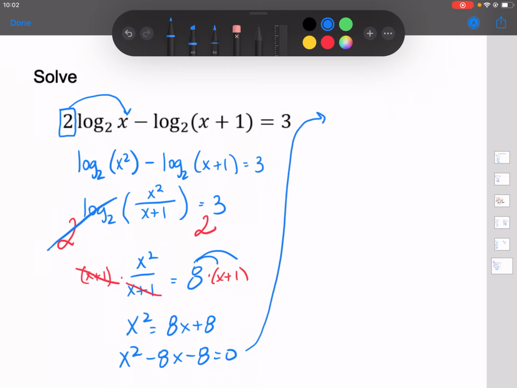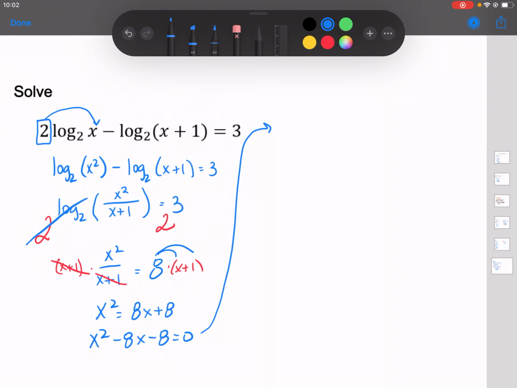Meaning the only way to solve this is the quadratic formula. So I'll have x equals positive 8 plus or minus the square root of negative 8 squared minus 4 times our a, which is 1, and b and c are negative 8. There we go. All that's over 2 times a, so 2 times 1.